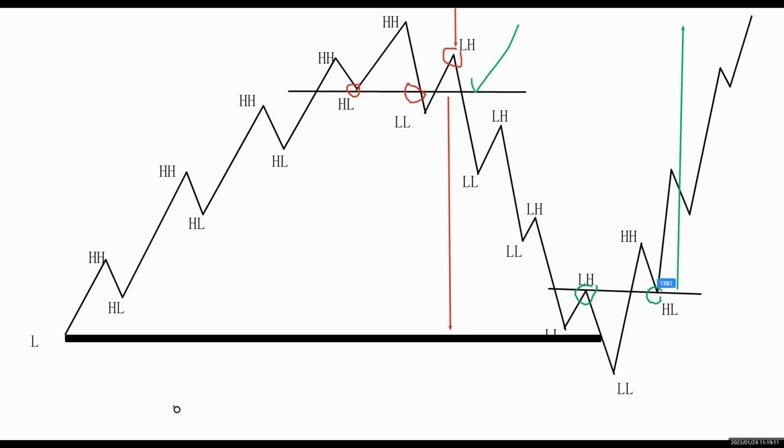So now we have a trade opportunity at this point to this point. Do we have another trade opportunity right here? Yes, we have a trade opportunity.